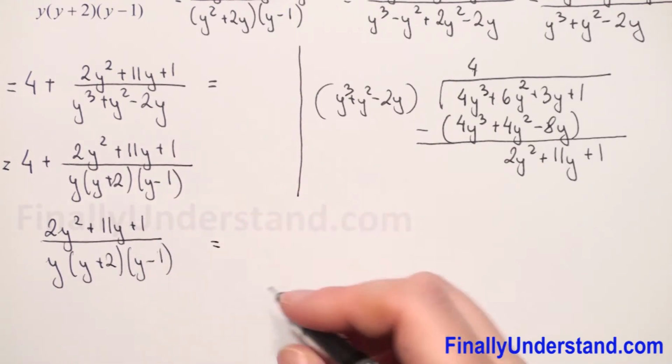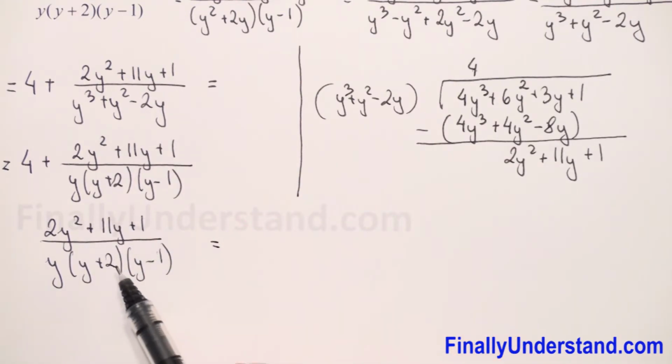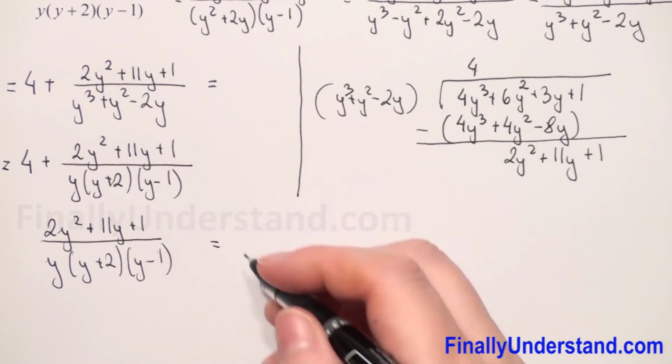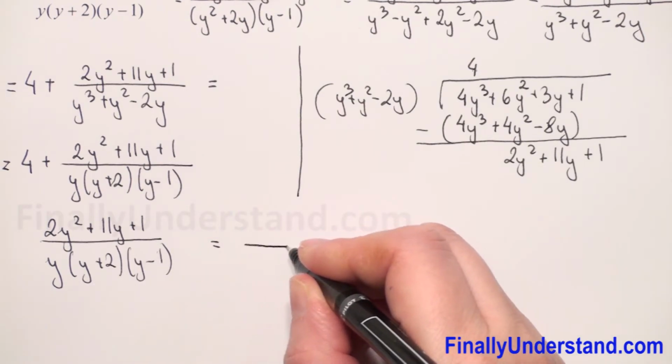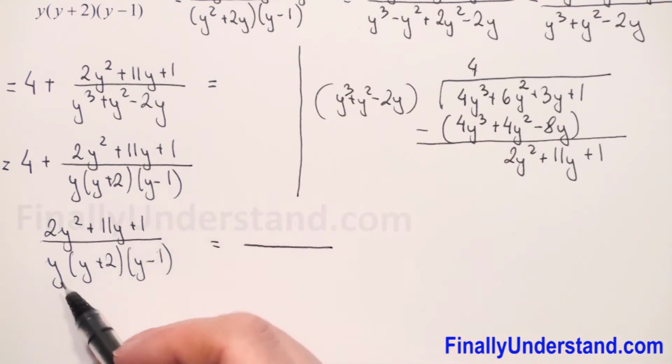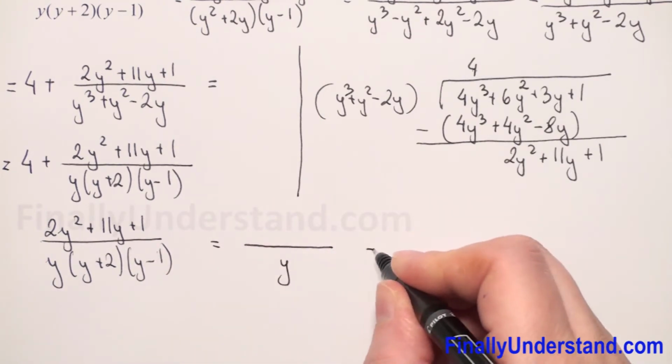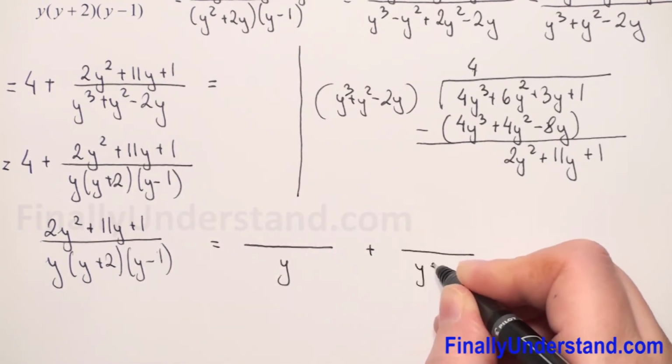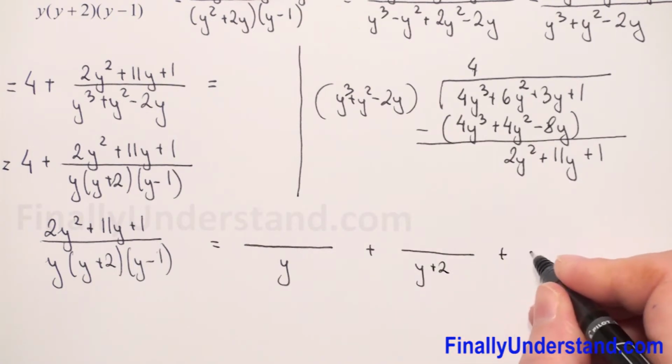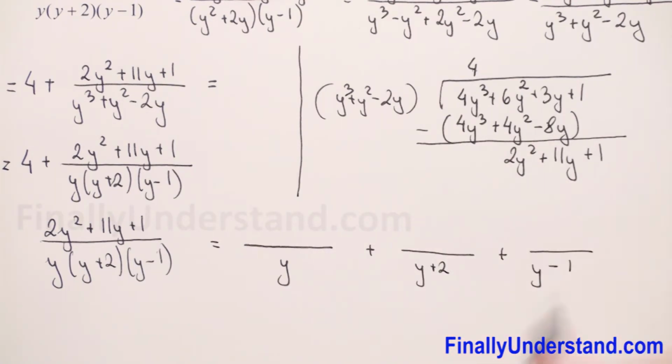This is equal, and when we have our denominator factorized, every factor of our denominator will be the denominator of our partial fractions. So first it's y, next we have y plus 2, and the third is y minus 1.